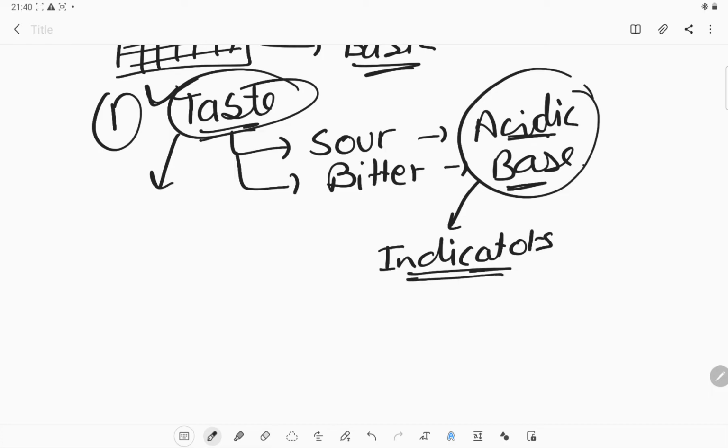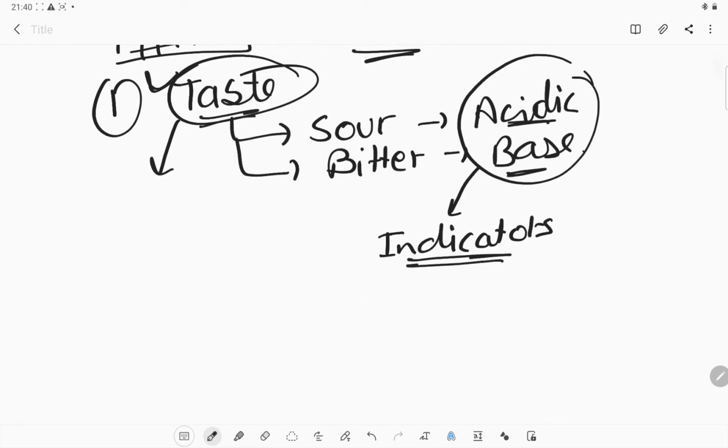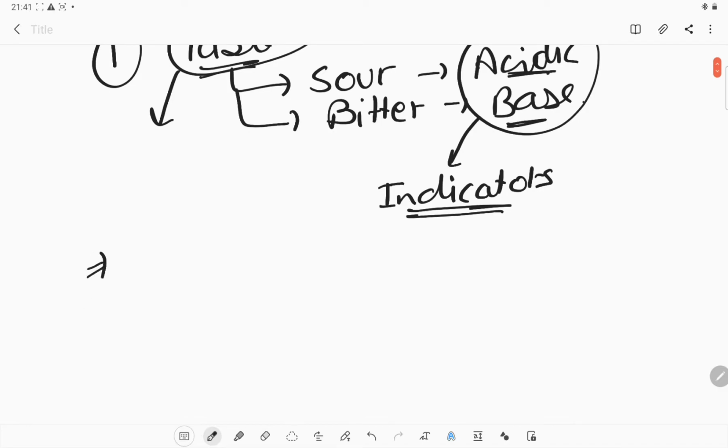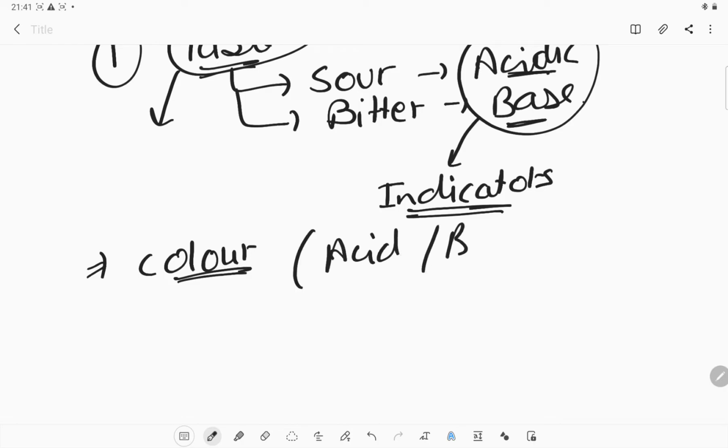These are the indicators which help us to identify without tasting. Indicators change their color when they come in contact with an acid or base solution. Whenever they contact any acidic or basic solution, they change their color, and this is how they indicate whether a substance is acidic or basic.